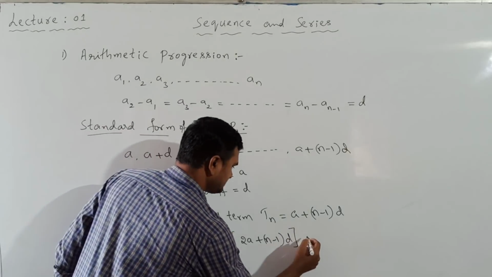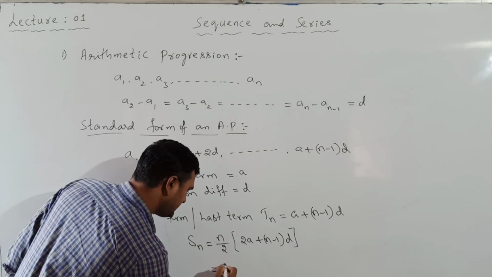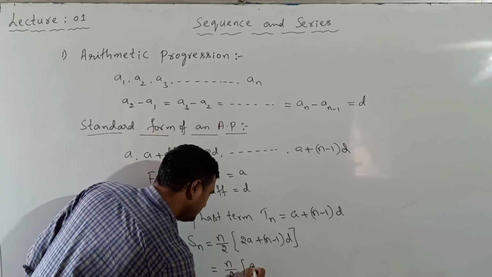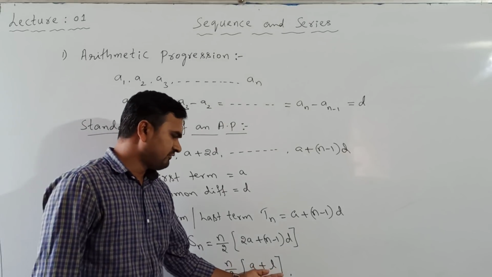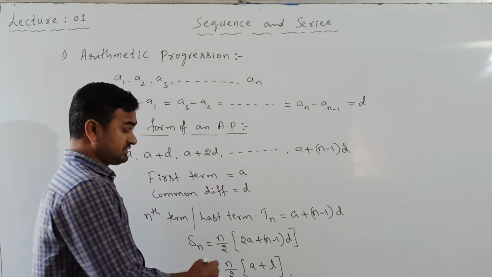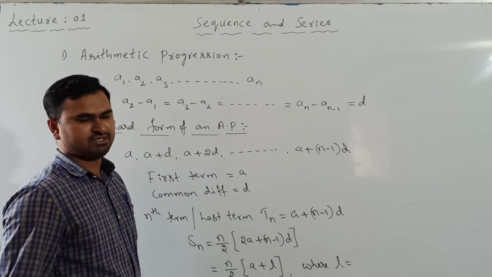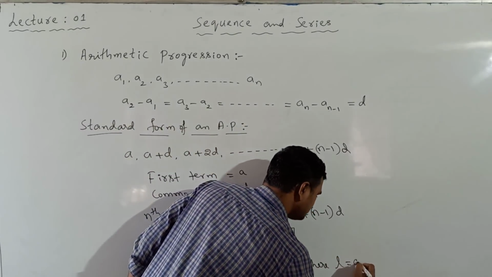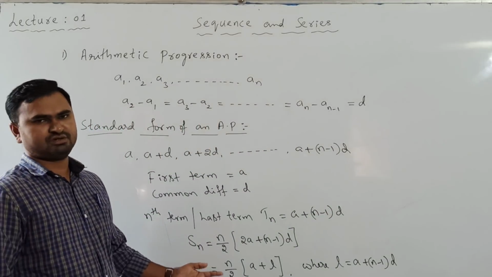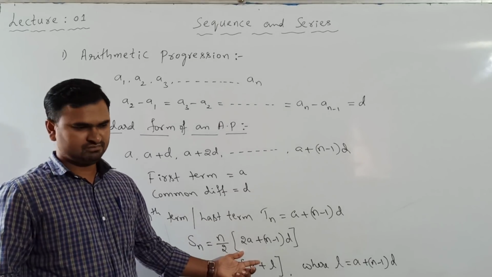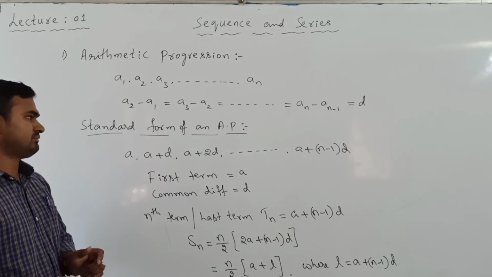Now this also can be written as n by 2 into a plus L, where L is the last term of this arithmetic progression, that we know is a plus n minus 1 into d. So any one formula we can use depending on what terms are given. These are two formulas for finding the sum of the first n terms of arithmetic progression.